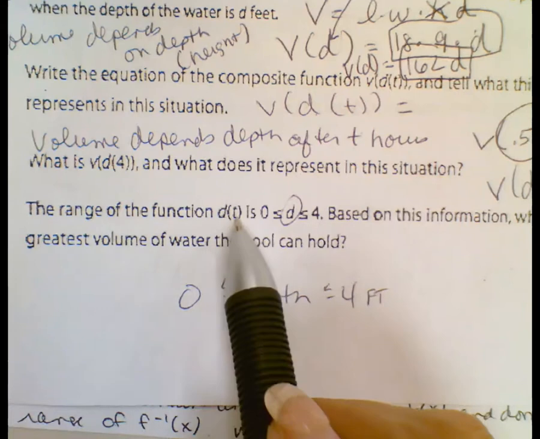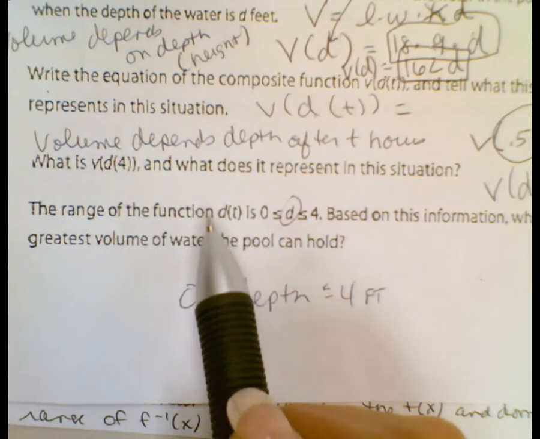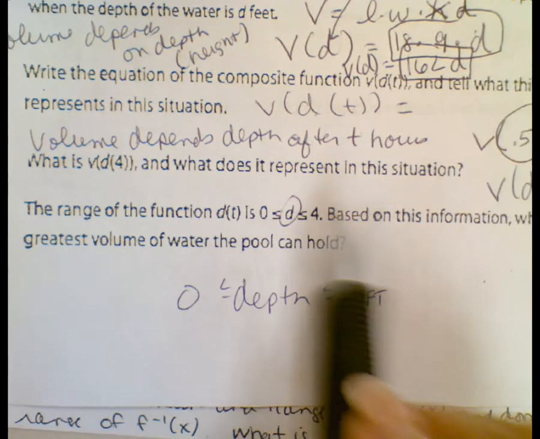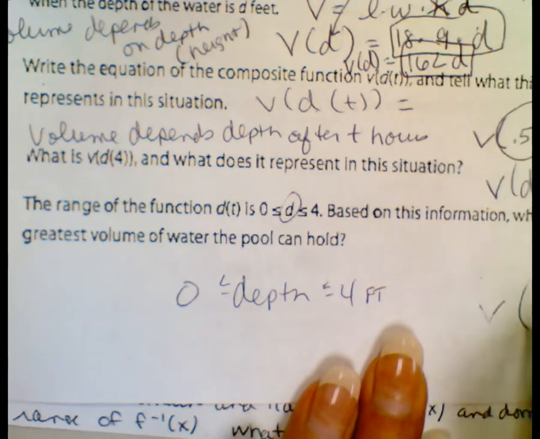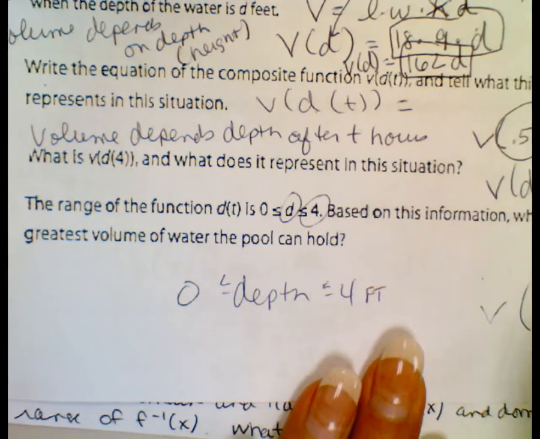The domain would be your hours, so the range is your depth. So your depth is 0 to 4. So the greatest D of T that you can have is 4.